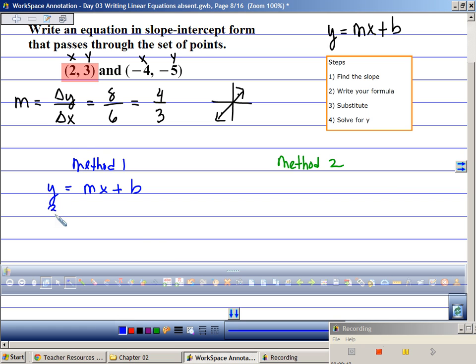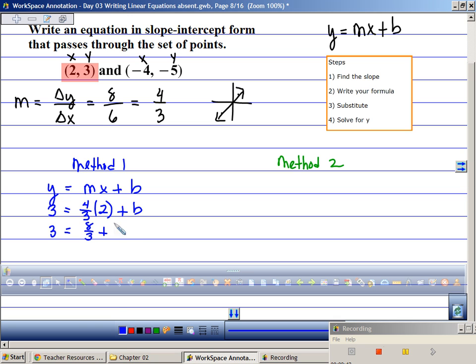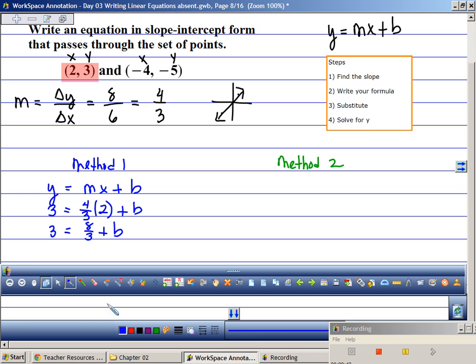All right, so y is 3 equals my slope, which is 4/3 times x, which is 2, plus b. Now I have 3 equals... I can't cancel anything here, so it's going to be an ugly fraction. So it's going to be 8 over 3 plus b.